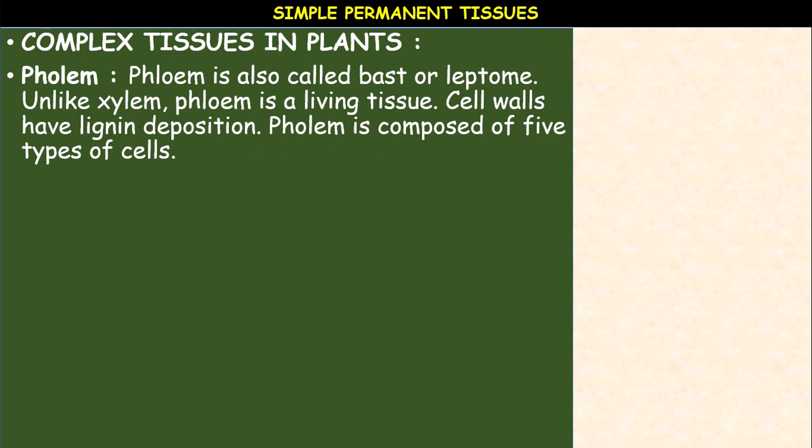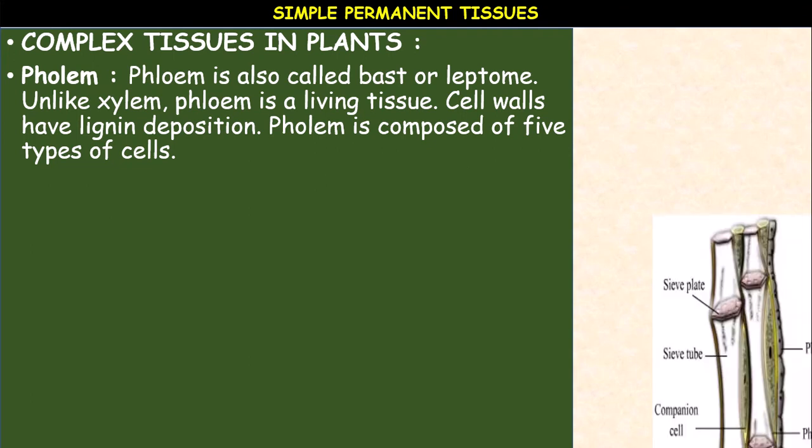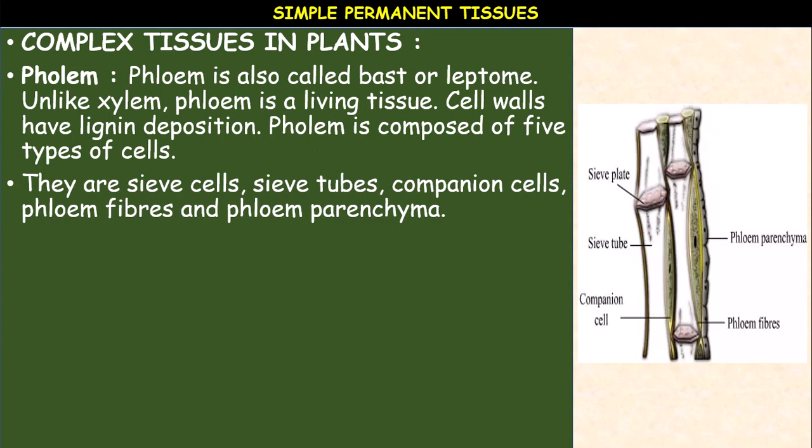Phloem is composed of 5 types of cells: sieve cells, sieve tubes, companion cells, phloem fibers and phloem parenchyma. Phloem parenchyma is the living part of the phloem tissue.